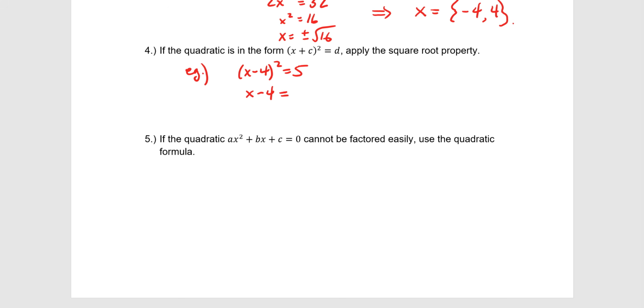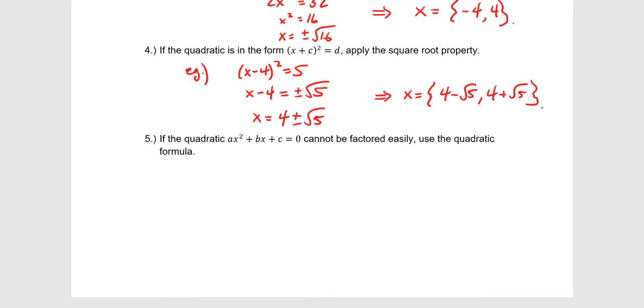It cancels the squared on the left, and on the right we get plus or minus the square root of 5. All we have to do is add 4 to both sides, 4 plus or minus the square root of 5, and writing that as a solution set, that would give us 4 minus radical 5 and 4 plus radical 5.